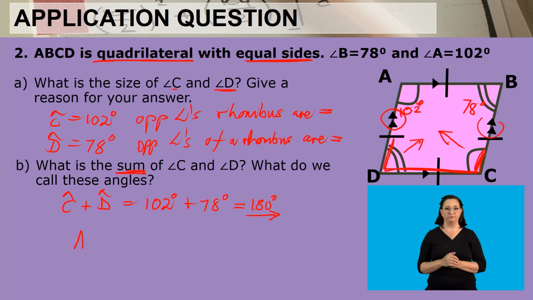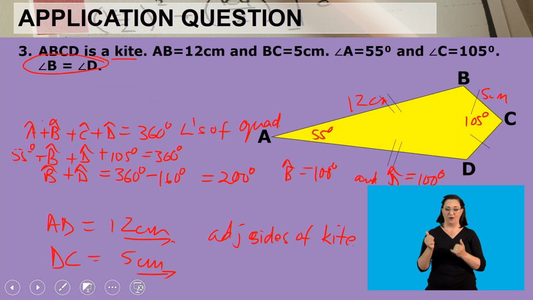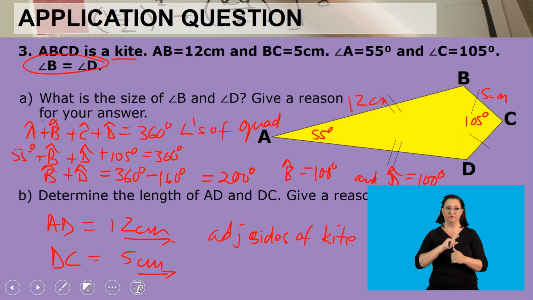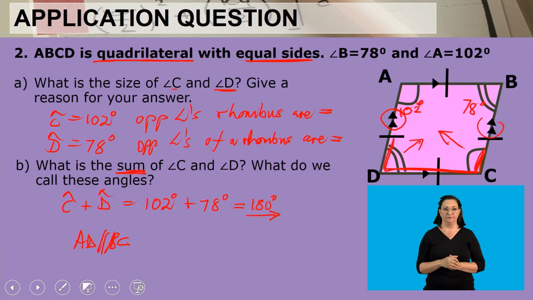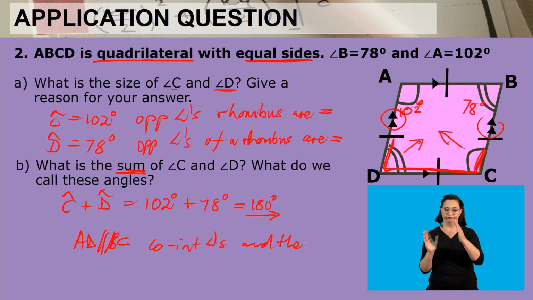And because AD is parallel to line BC, therefore, these are co-interior angles and they are supplementary. Co-interior angles and they are supplementary.